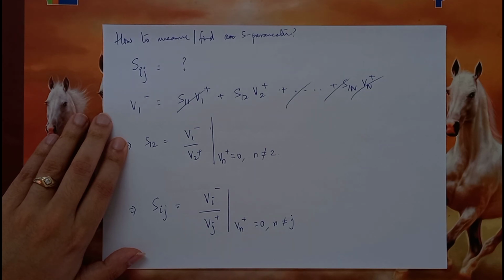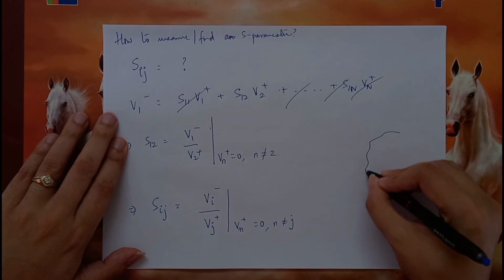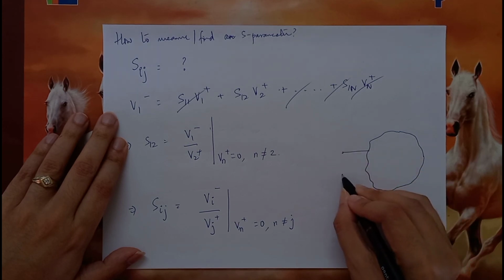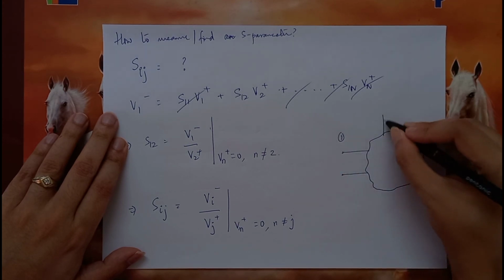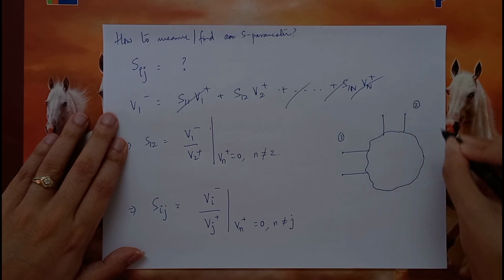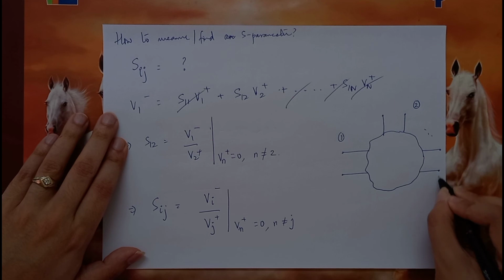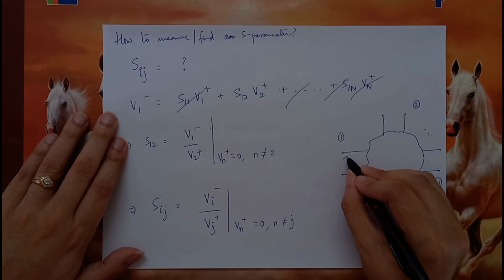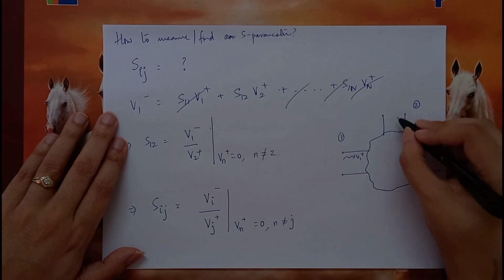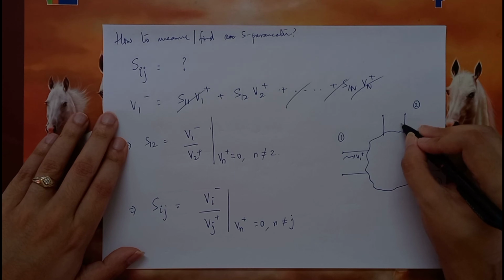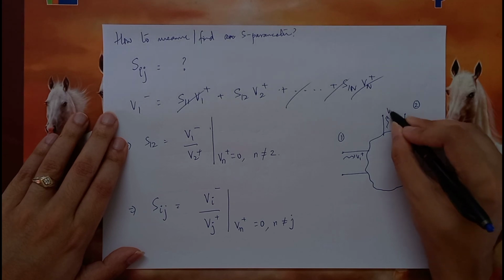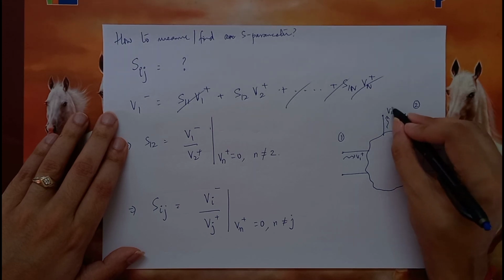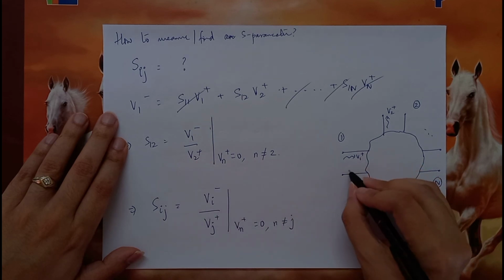Now, if I have that n-port network, and this is port 1, and this is port 2, all the way till port n, and I want to find out S12, I am looking at V2 plus and V1 minus. Forgive me.